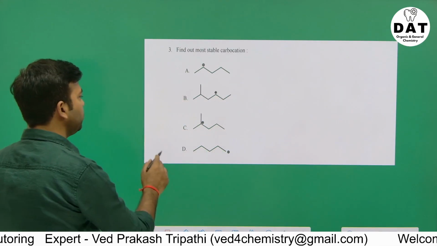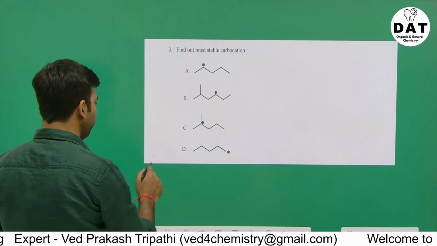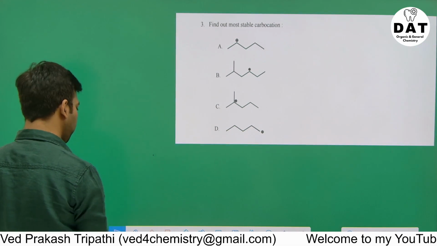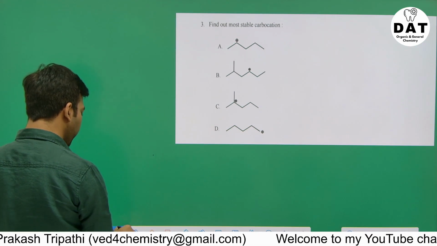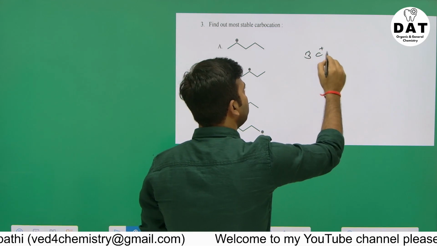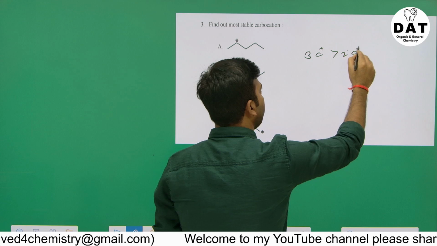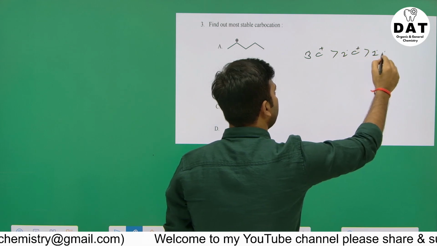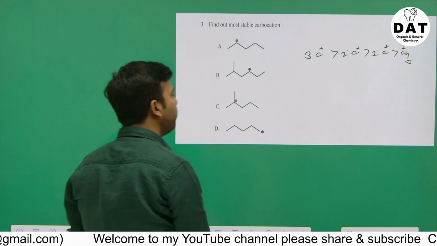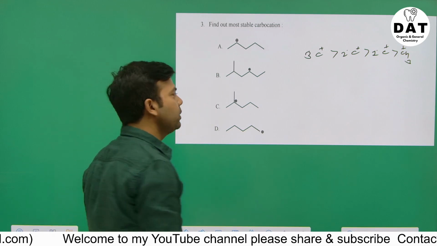Find out the most stable carbocation. This one is the simplest of this quiz, very easy. So we all know carbocation stability depends on substitution: tertiary carbocation is the most stable, then secondary carbocation and then primary carbocation, and in the last methyl carbocation. But if any carbocation is in resonance, then that dominates.